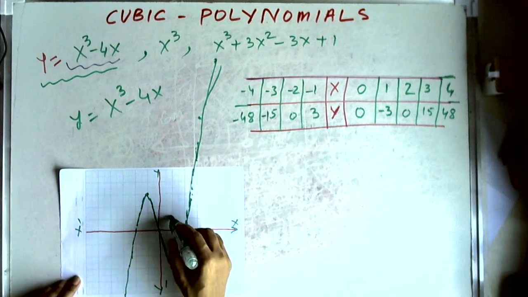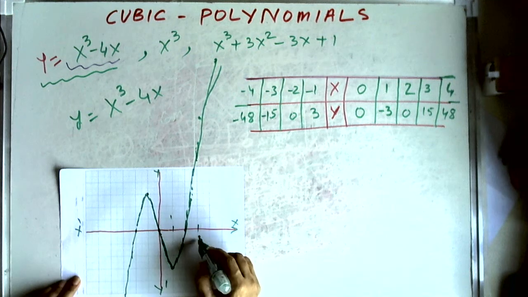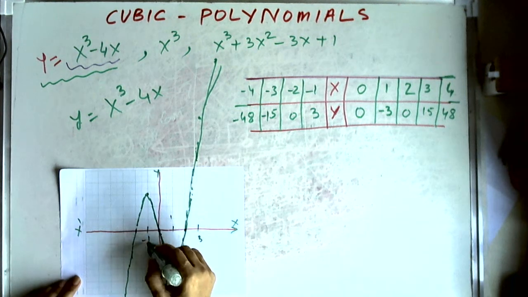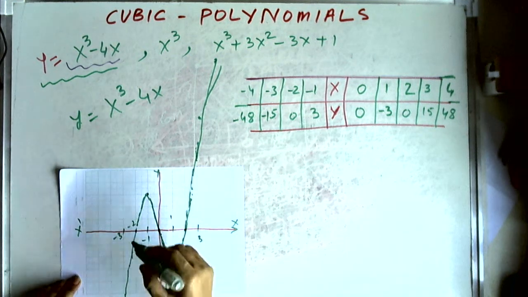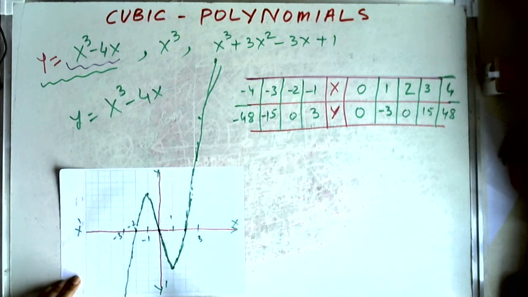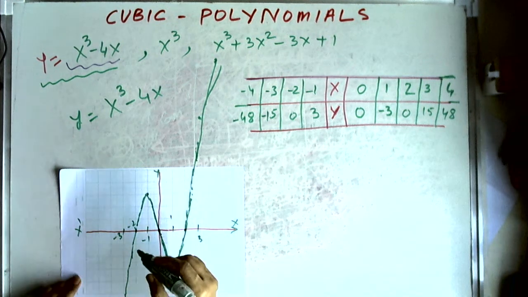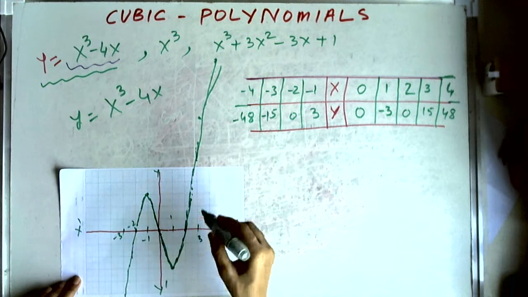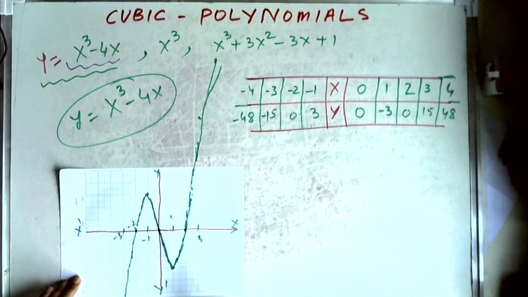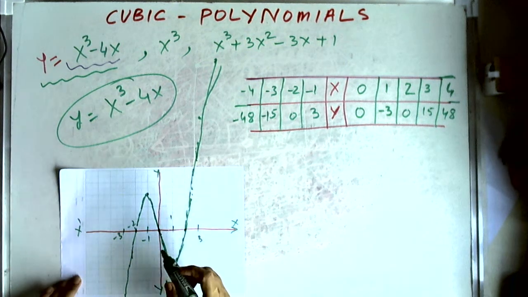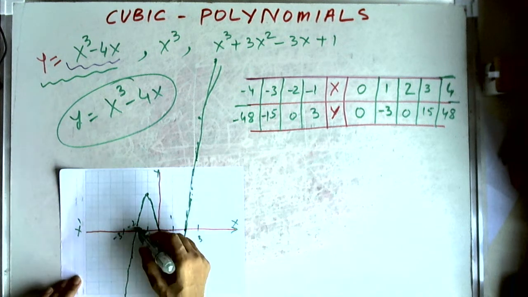So this is 1, 2, 3. This is minus 1, minus 2, minus 3. So this is the graph of the cubic polynomial y equal to x cube minus 4x. And we see that this graph cuts the x-axis at 3 points.